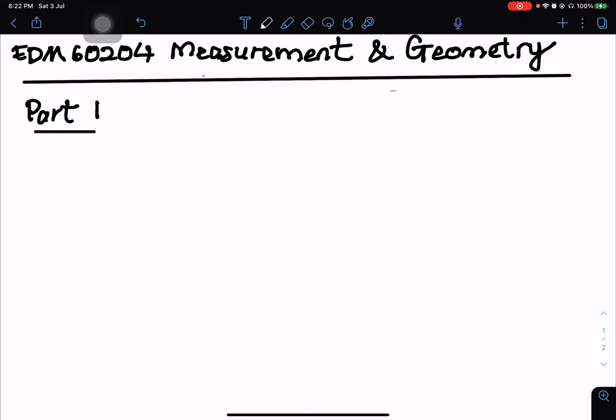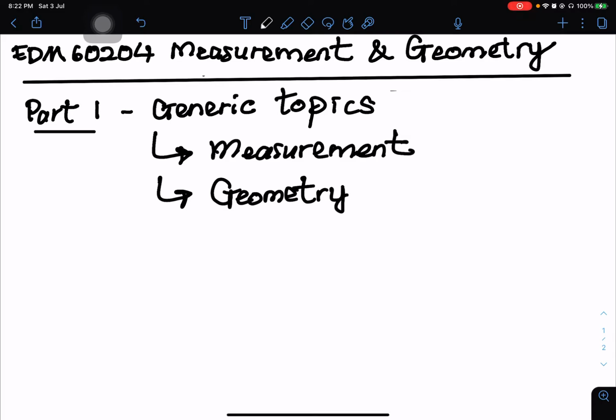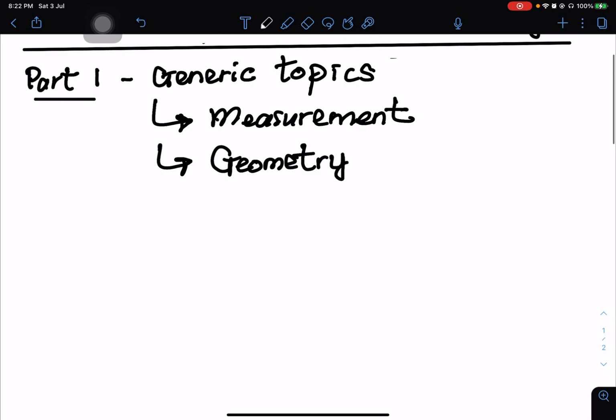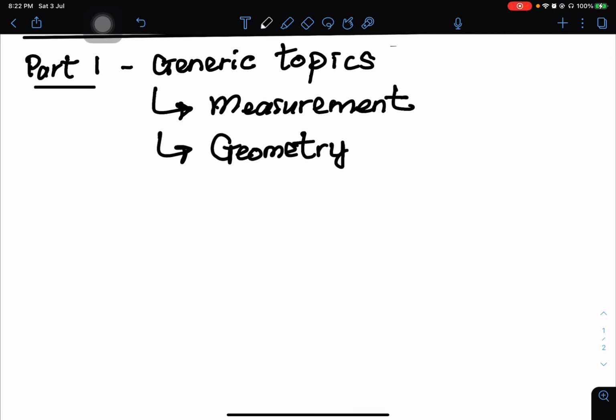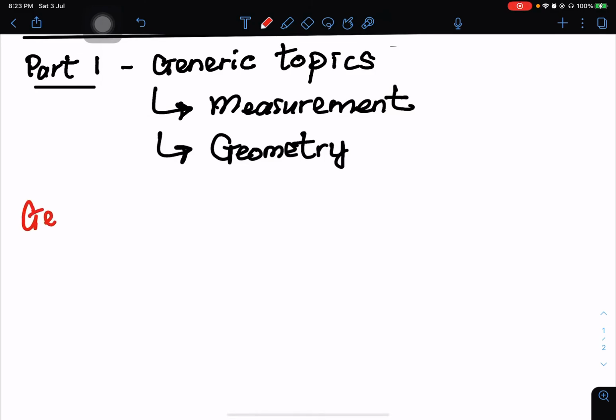Part one will be all the generic topics, which cover measurement and also geometry. Okay, so the generic topics that cover measurement and geometry are, for example, the following.